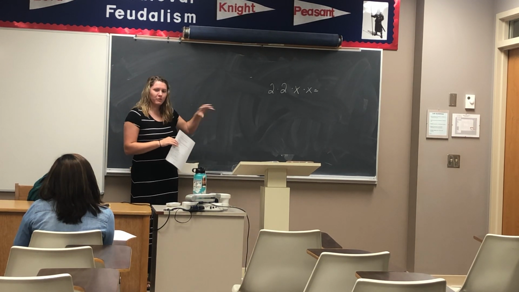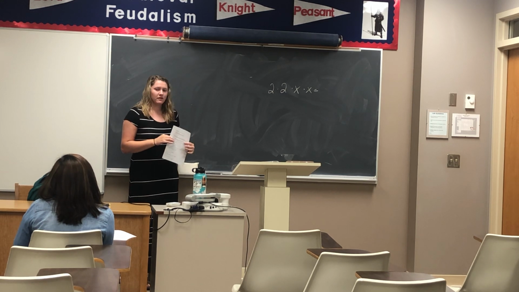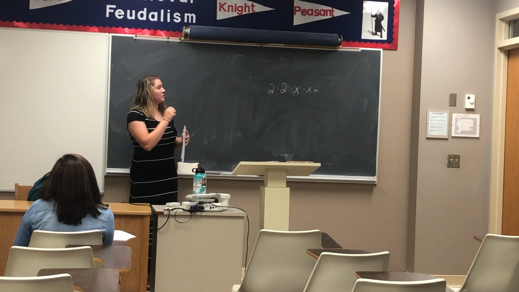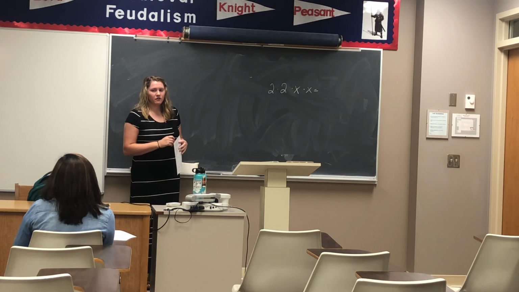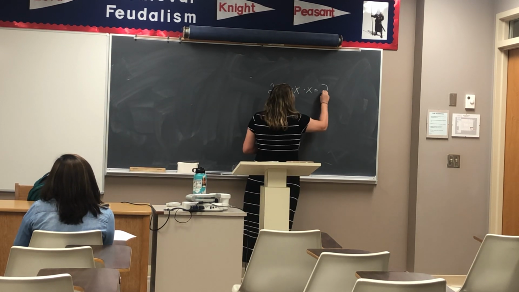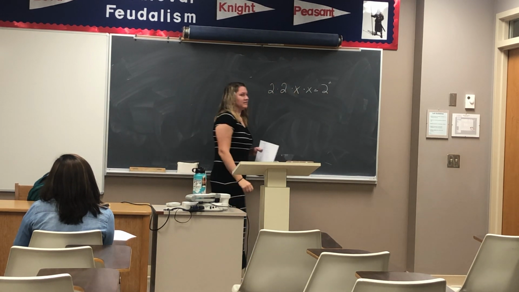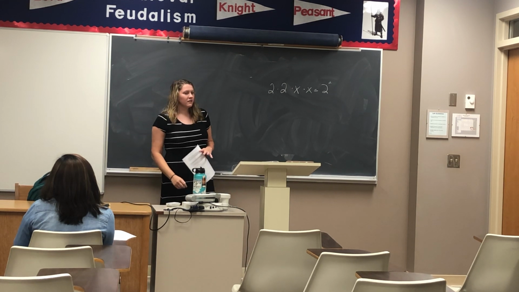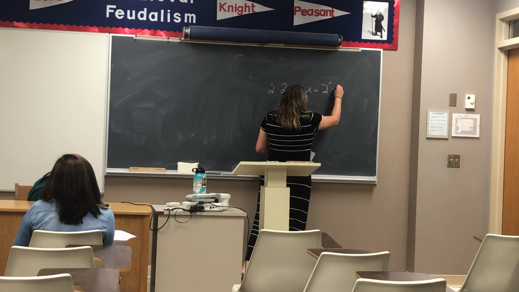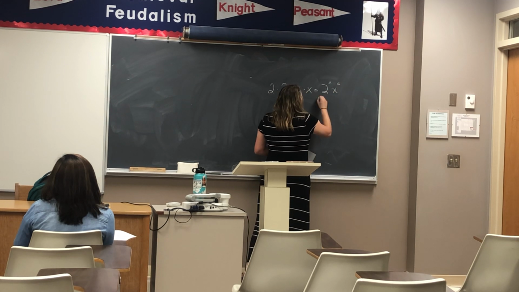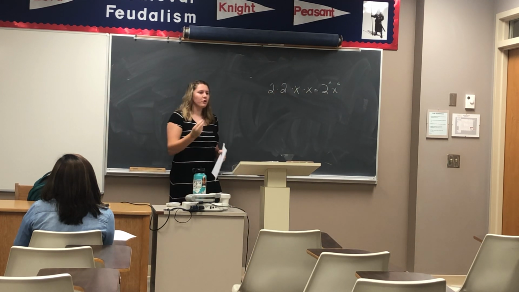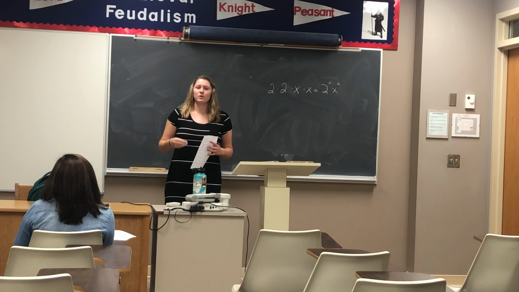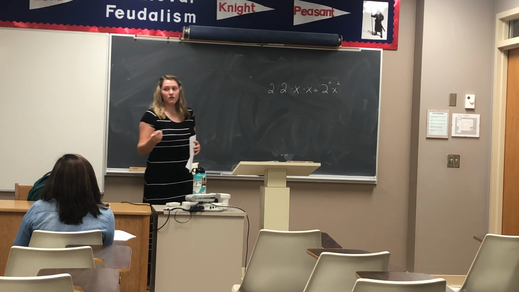So Maya, can you help me out with the 2's? How would I write that if I wanted to make it an exponent? 2 squared. And what would I do with the x's, Anne Grace? X squared. But we know that 2 squared means 2 times 2, which equals 4.